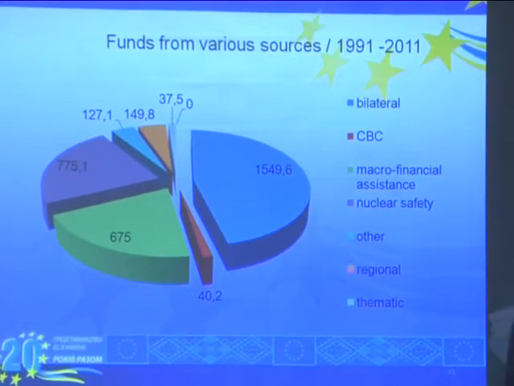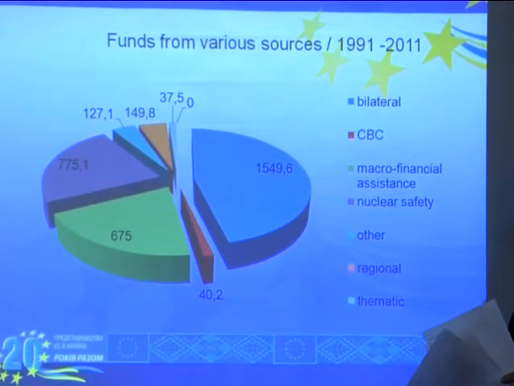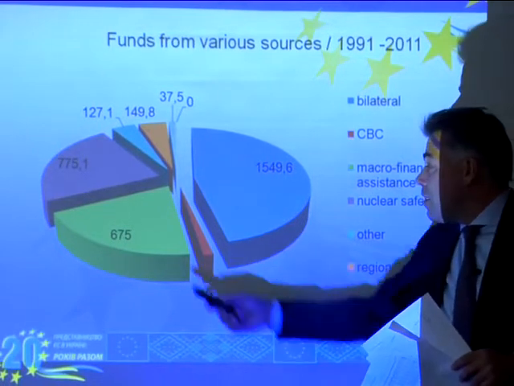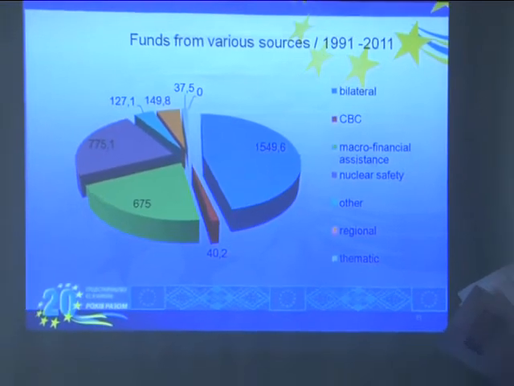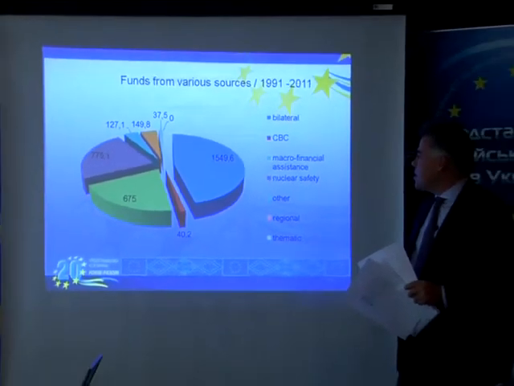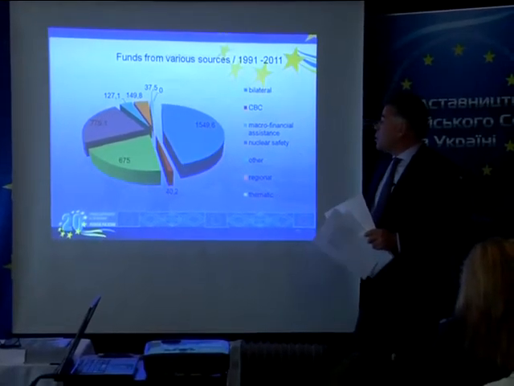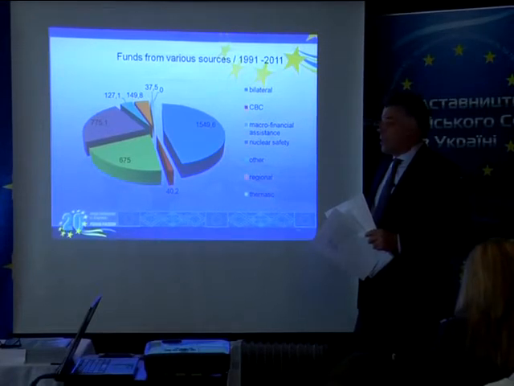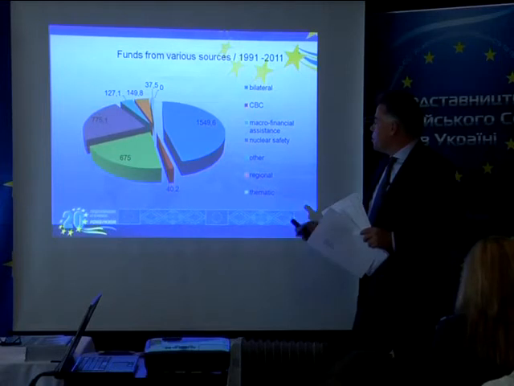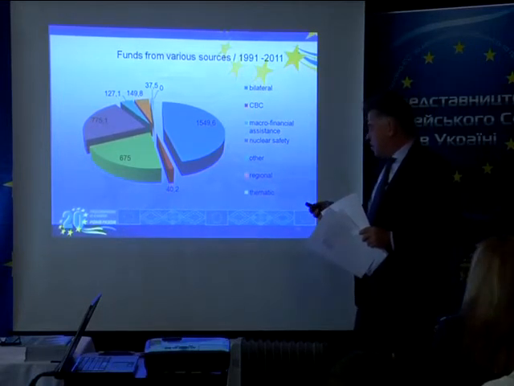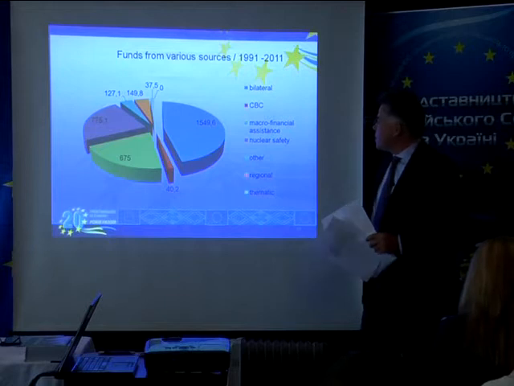But there were other means of assistance, like, for example, nearly 700 million euros in macro-financial assistance, close to 800 in the area of nuclear safety, and some regional, thematic, and cross-border cooperation assistance was also provided.